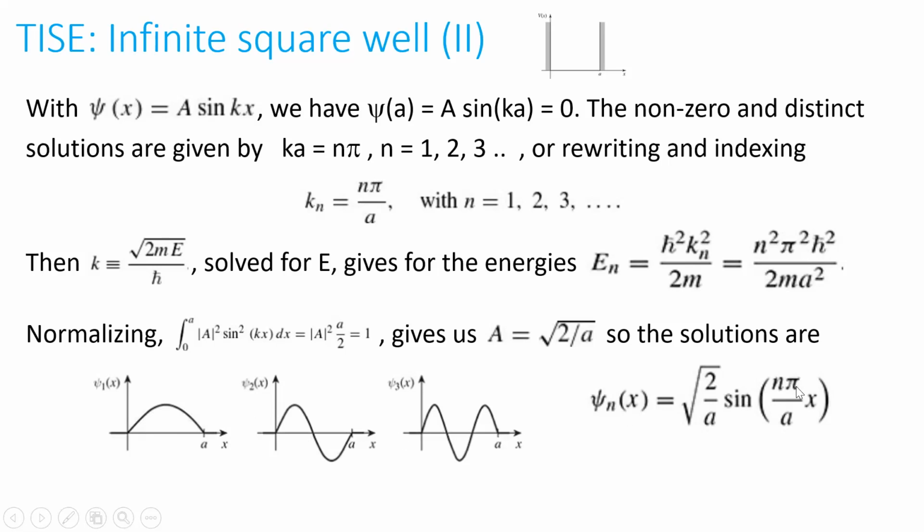So if x is equal to a, and n is equal to 2, this would be 2 pi a over a, or sine of 2 pi. So it goes from 0 to 2 pi, so through one full oscillation. And then psi 3 would go through 1.5 oscillations, and so forth. So as n went up, there would be more and more oscillations in the wave function.